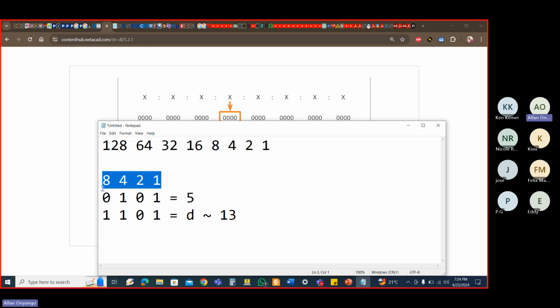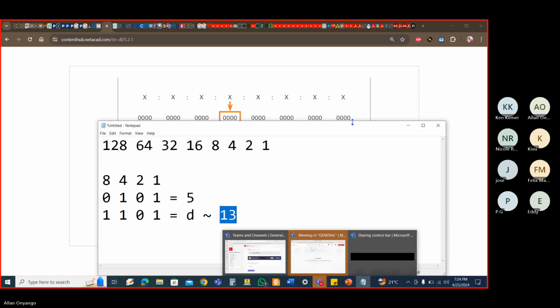In IPv4, there were 8 numbers: 1, 2, 4, 8, 16, 32, 64, 128. In IPv6, we only use 4, which means at any time you write any hexadecimal number, it will always get 4 binary bits. Even if we just took 5, we got 0, 1, 0, 1. We took D, which is equivalent to 13, and 13 is 1, 1, 0, 1, isn't it?